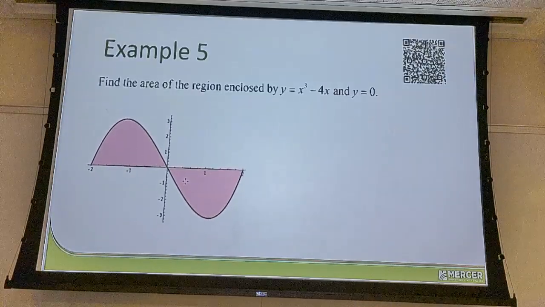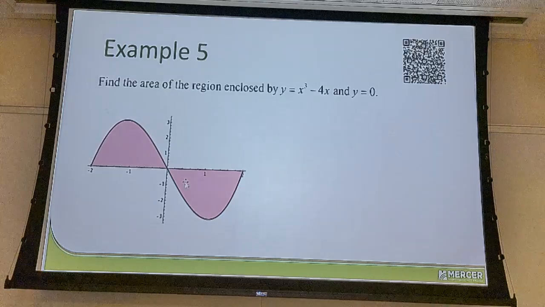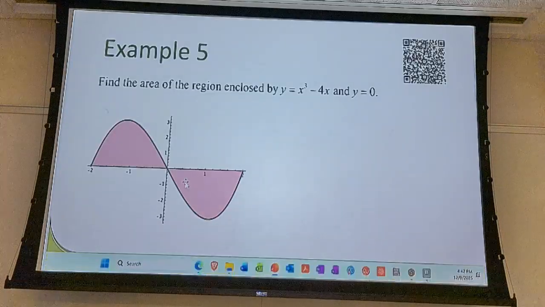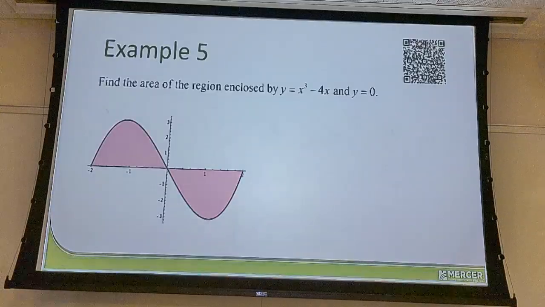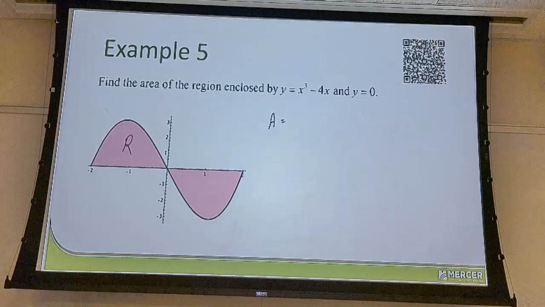Symmetry is obvious. X cubed minus 4x is odd. Odd functions are symmetrical about the origin. So we're going to look at this positive region and double it.